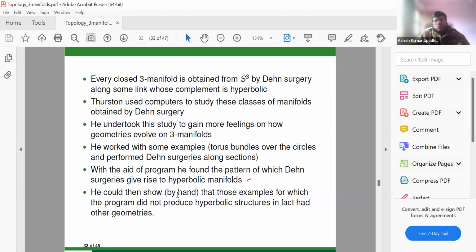There were Dehn surgeries which did not give rise to hyperbolic manifolds, and Thurston could show by hand that those examples for which the program did not produce hyperbolic structures, in fact, had other geometries.